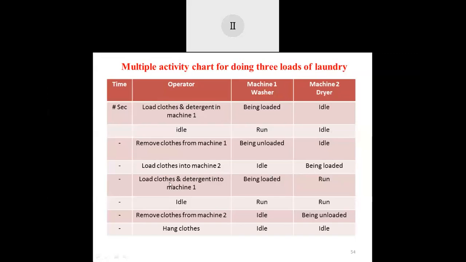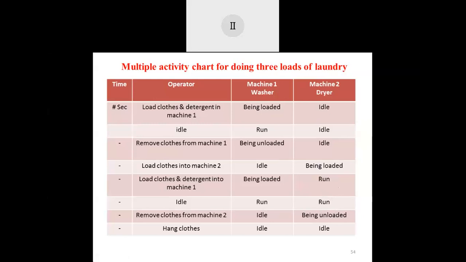Then load cloths and detergent into machine 1. Again machine 1 will be loaded, and in that time period machine 2 will run. Next the operator will be idle, and then machine 1 washer will wash the cloths we have loaded. At that time period machine 2 also runs.